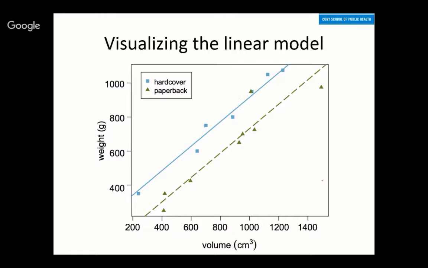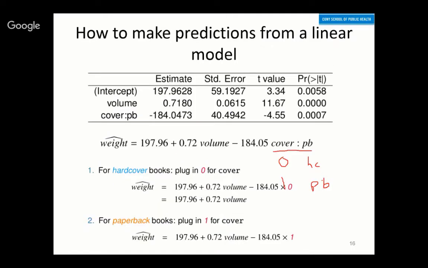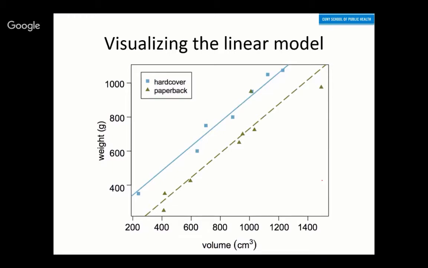So we have this line for paperback and this line for hardcover. The line for hardcover has this intercept of 197. And then the slope is exactly the same for the paperback, but the intercept has that 184 subtracted from it. So you can see this looks like a better model for book weights than what we had without using cover type.